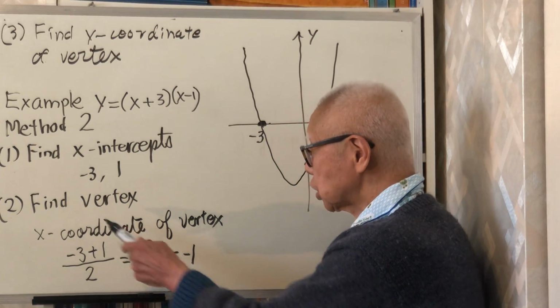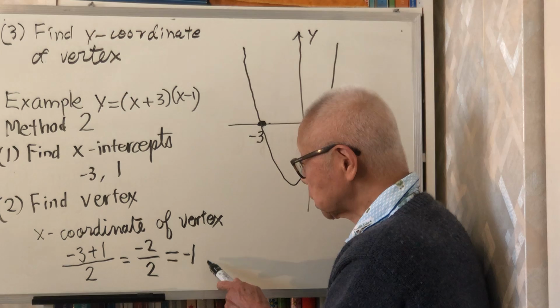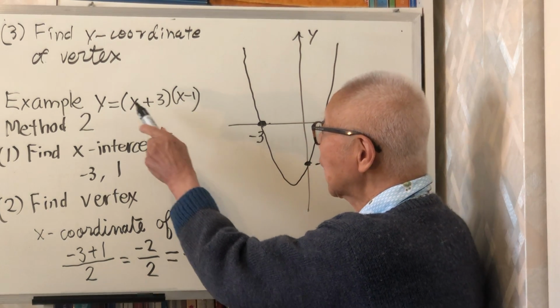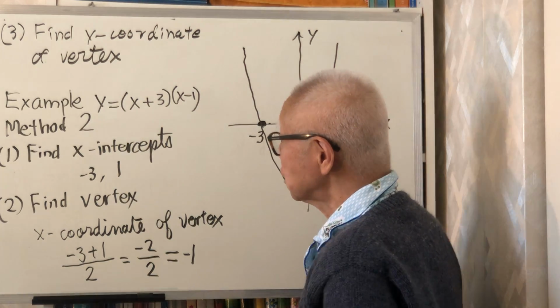Because I know the x-coordinate is -1, I put -1 here and -1 here, and I get the y-coordinate.